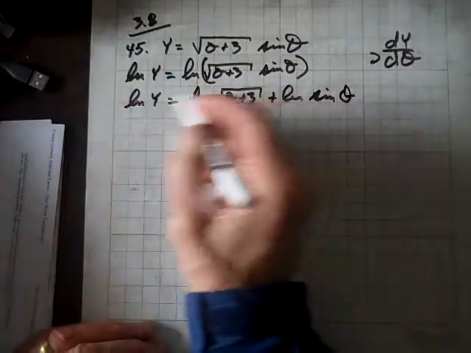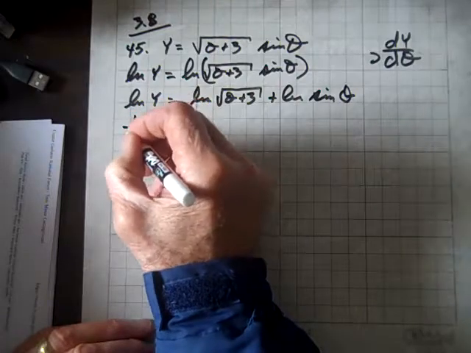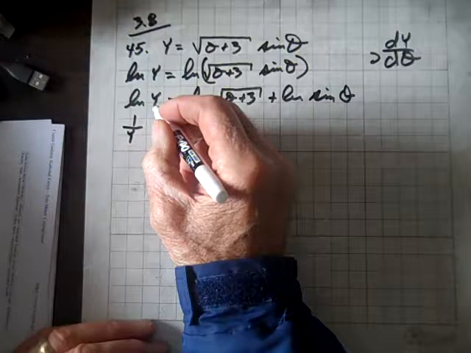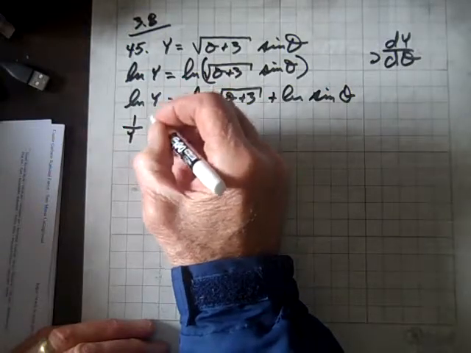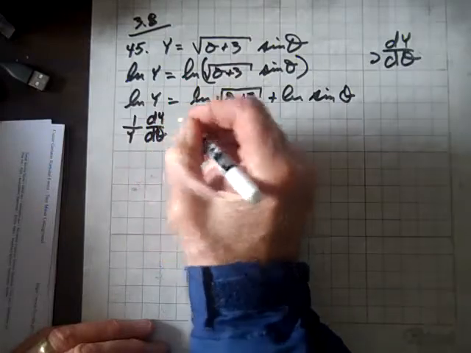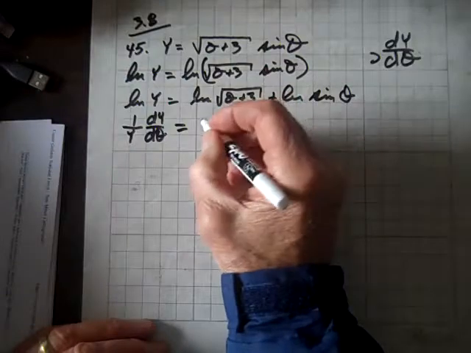Now let's take the derivative of the left, and so that's going to be 1 over y, and then by the chain rule, dy d theta equals.